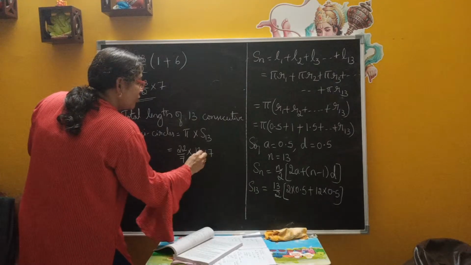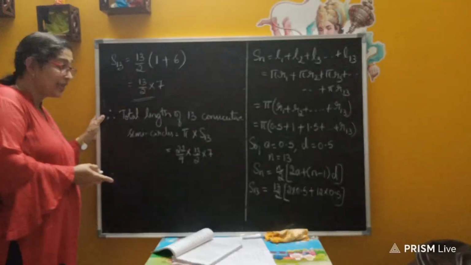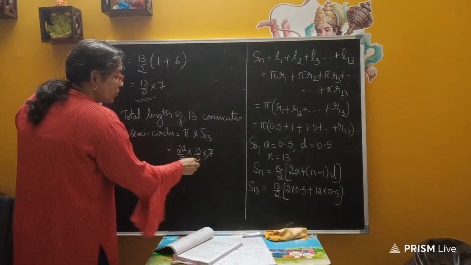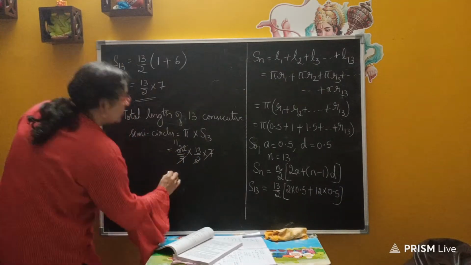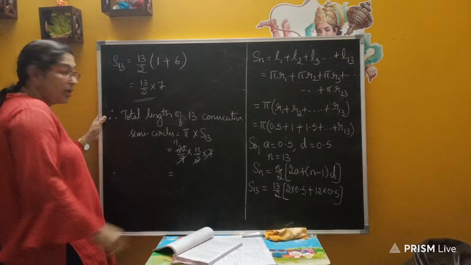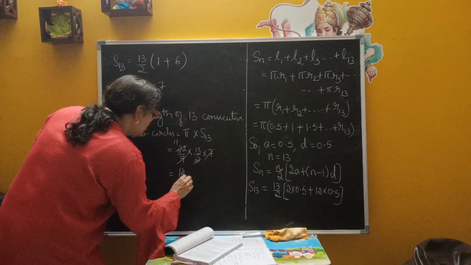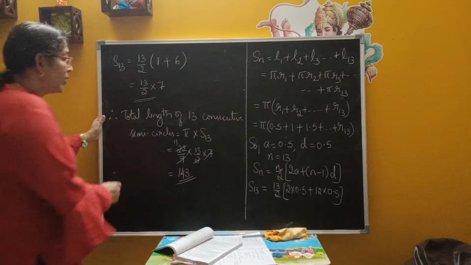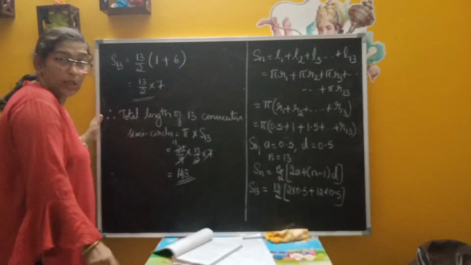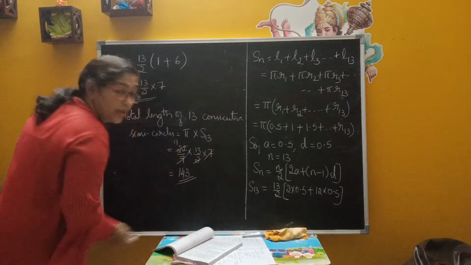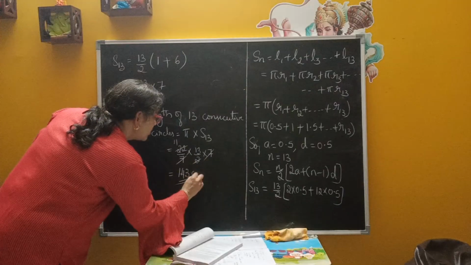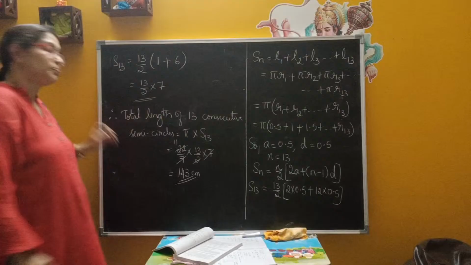Now you know why I did not multiply earlier. The 7 gets cancelled. So 2 ones are 2, 2 elevens are 22, and 13 into 11 is 143. It is 143 what? Centimeter, since the radius of each semicircle was in centimeters. So it is 143 centimeters.